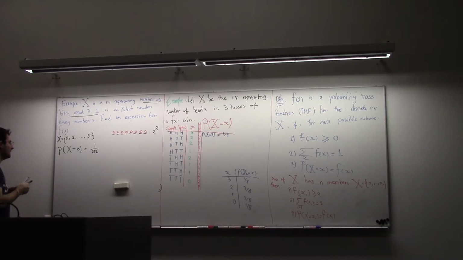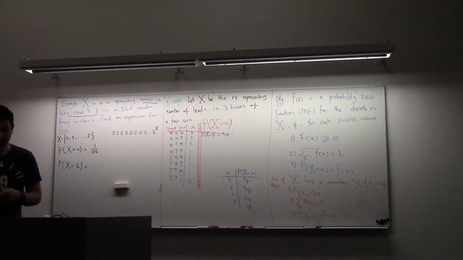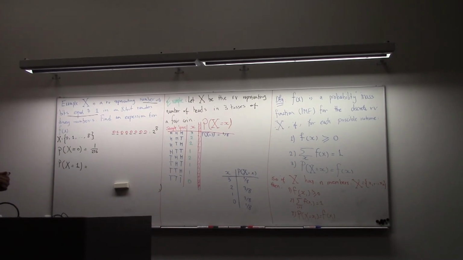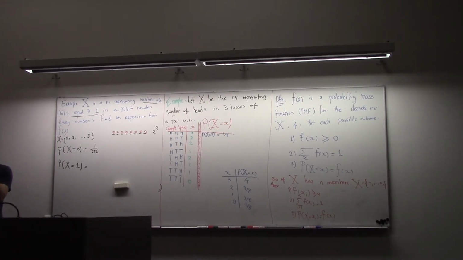Now, the probability of x equal to 1. What is the probability of x equal to 1? In other words, how many forms can I have for having only one 1 inside this 8-bit?